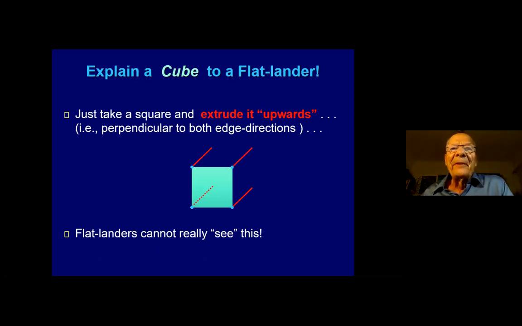One day, a visitor comes from our 3D world and tries to explain to them what a cube is. She says, just take a square and move it upwards. No, no, no, not in a diagonal direction, really truly upwards, in a direction that is perpendicular to both edge directions of the square.